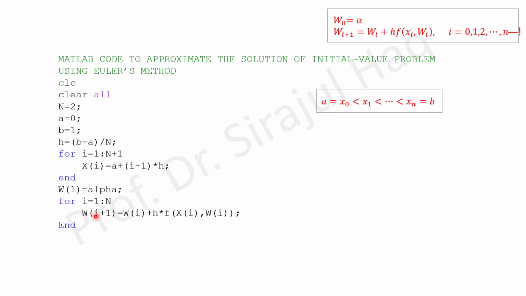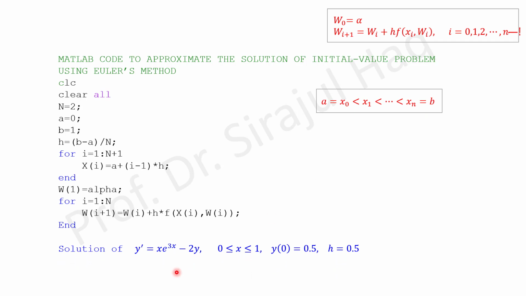So when I substitute i is equal to n, I am getting wn plus 1, and wn plus 1 is the solution of your differential equation at x is equal to b. In this case, my b is equal to x capital N plus 1. So you can see that this is just a small loop, and this loop generates the solution for you at these mesh points.